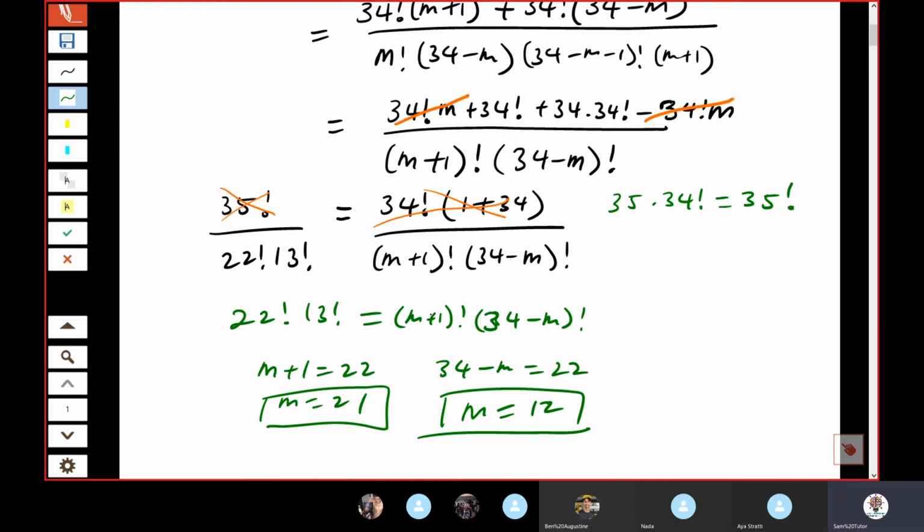Or you could have done it the other way. You could have done m plus 1 equals 13, and then 34 minus m equals 13. Doesn't really matter. So as long as m is 21, here you'll get 22, here you'll get 13. If m is 12, here you'll get 13, and here you get 22. Do we get that?